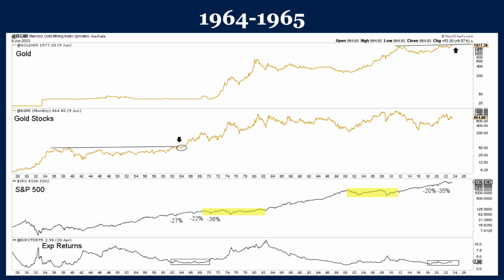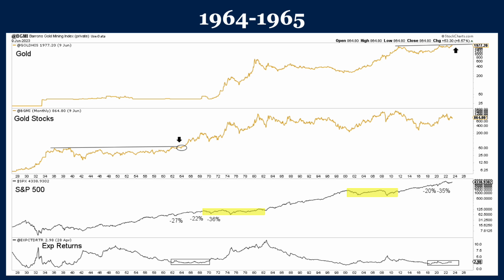But you go back, pre-1971, the gold stocks were really the proxy for precious metals, and also the inflation proxy. So if you really wanted to get inflation protection, you could only invest in energy stocks or gold stocks.